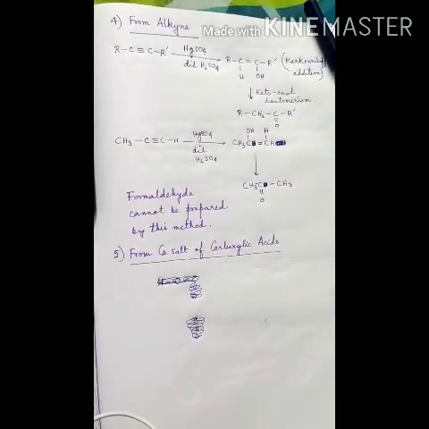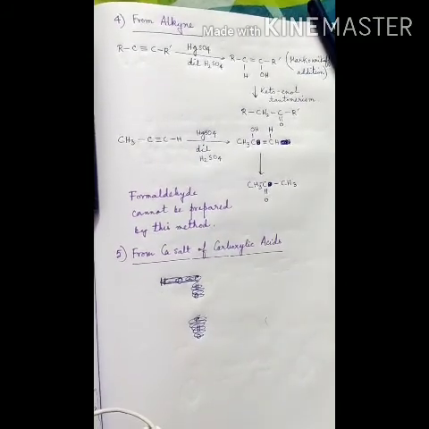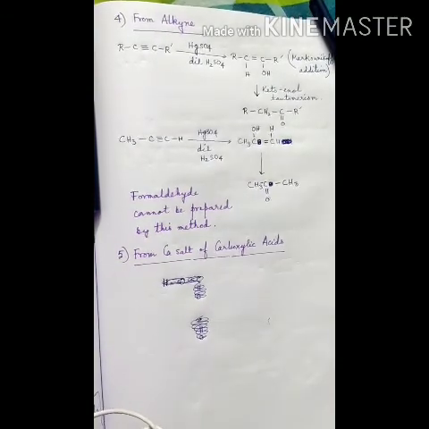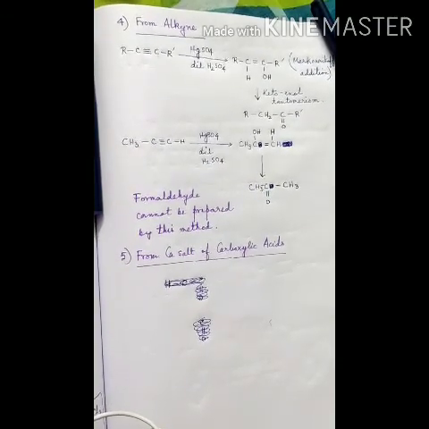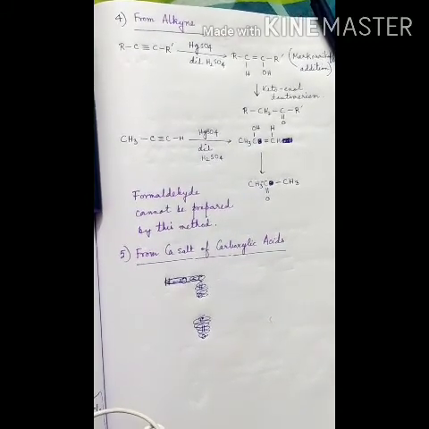Next we will come to the method from where we will get aldehyde and ketone from alkyne. When alkynes are hydrated in the presence of dilute H2SO4, with HgSO4 as the catalyst, we get the carbonyl compounds.